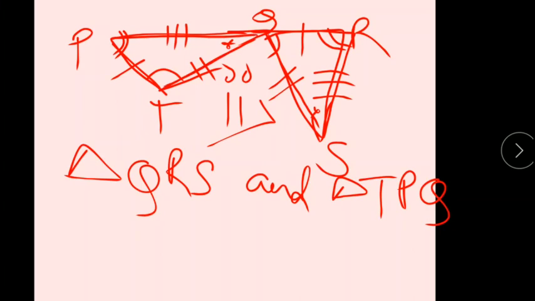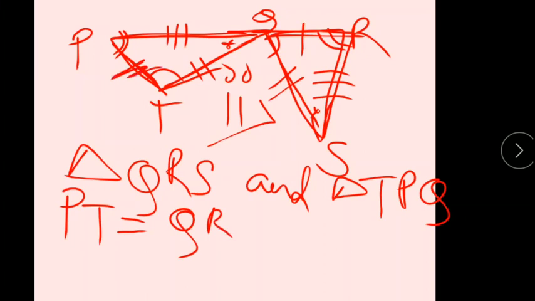So what are the points? You can see at least 3 points I have told you have to make, right? So I'll write PT is equal to QR, because a single line segment you can see over here, right? So a single line segment is mentioned, so we can say that PT is equal to QR. Now you need 2 more points.